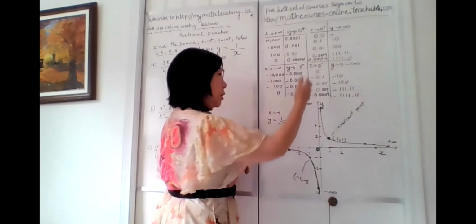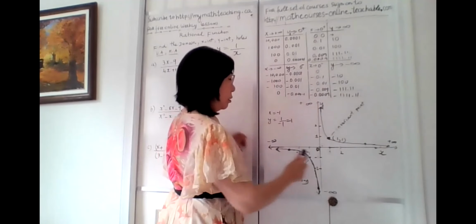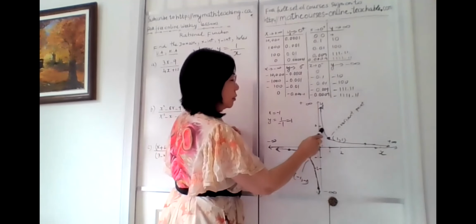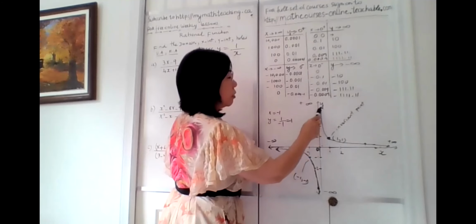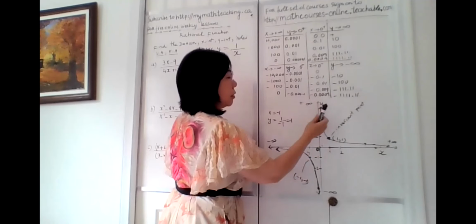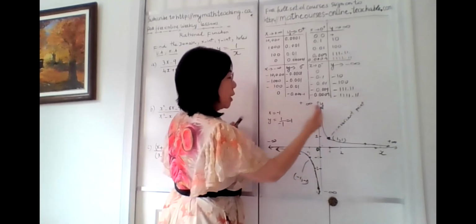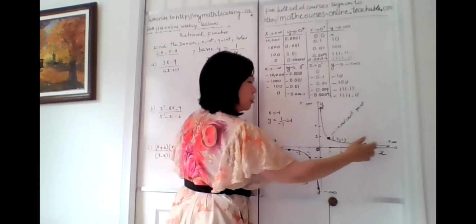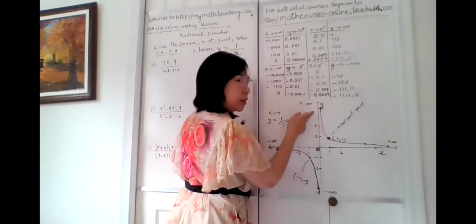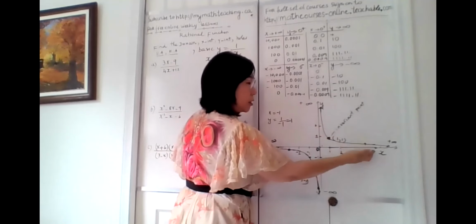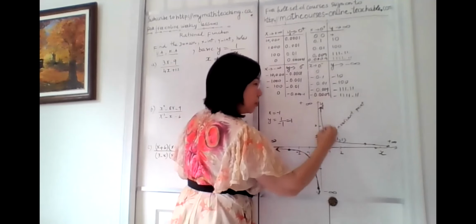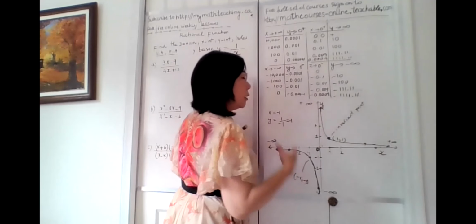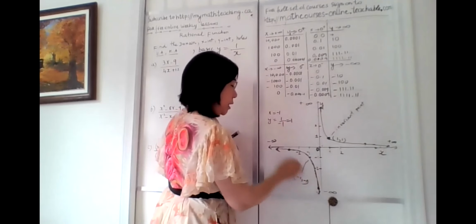What else? Let's look at the vertical here. This function gets up here very close to the y-axis, but again, never crosses the y-axis. So this function doesn't have a y-intercept. Also doesn't have an x-intercept if we look at the right-hand side. Now let's look at the left-hand side.